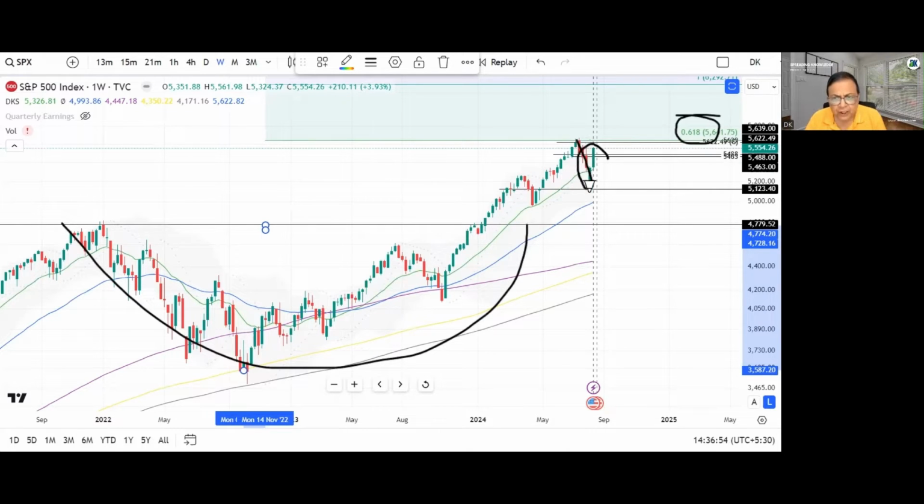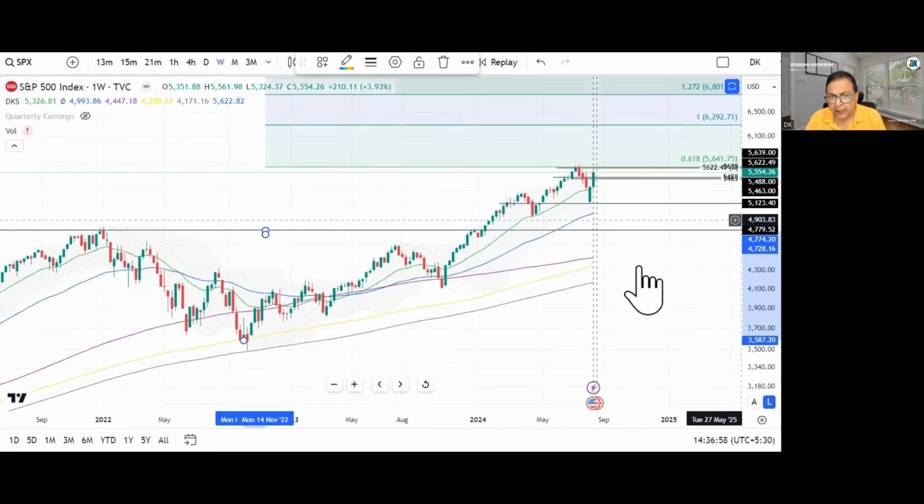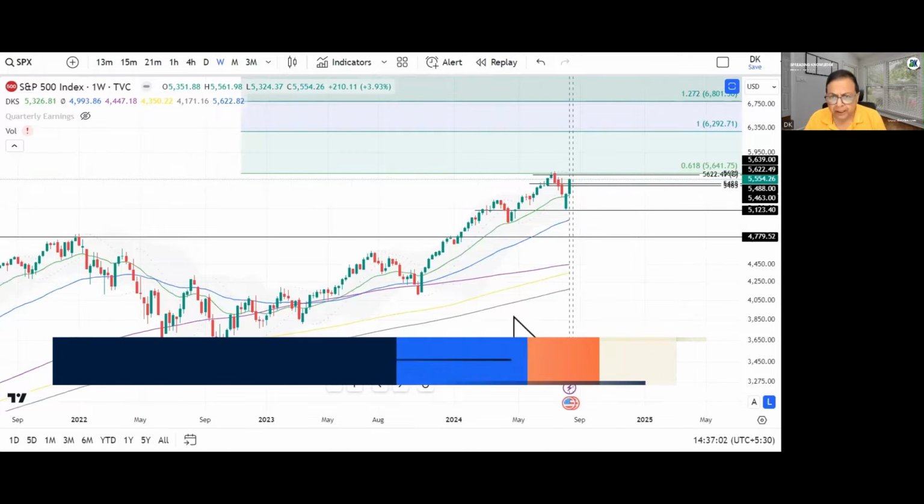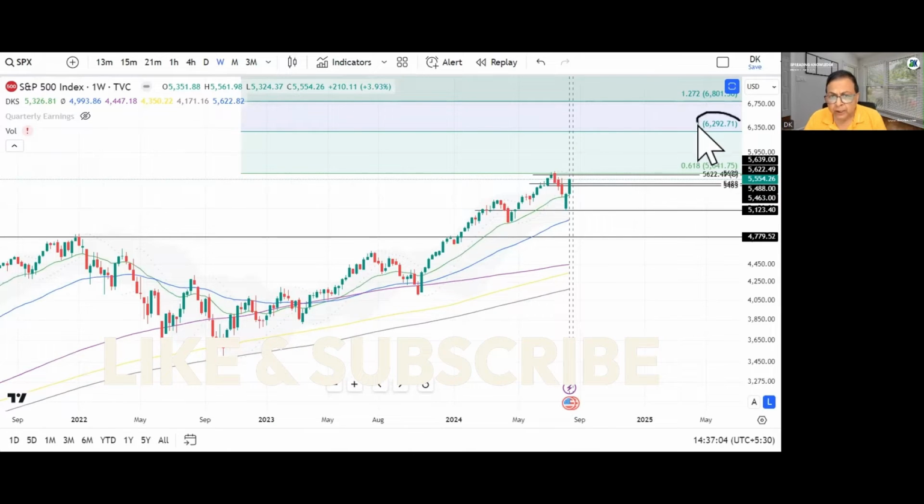Now, on resumption of this trend, the next target is obviously 100% expansion with respect to the rounding bottom pattern, which arrives at around 6,300 level. However, it will not go in a straight line up. Instead, it will form a market structure like higher highs and higher lows.